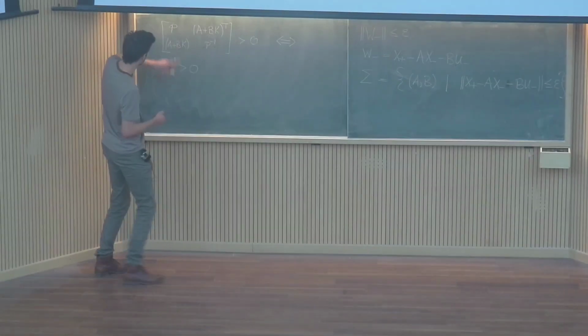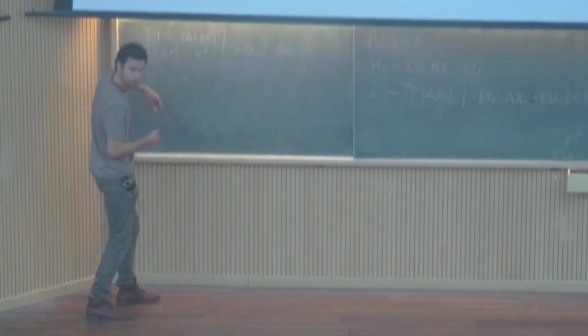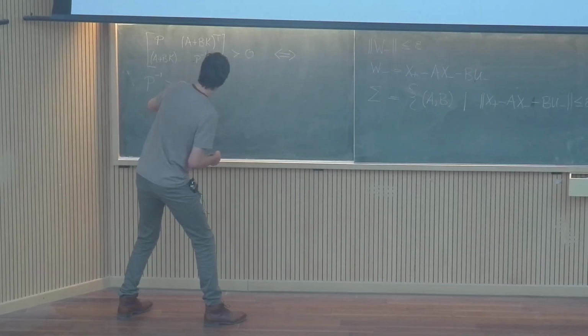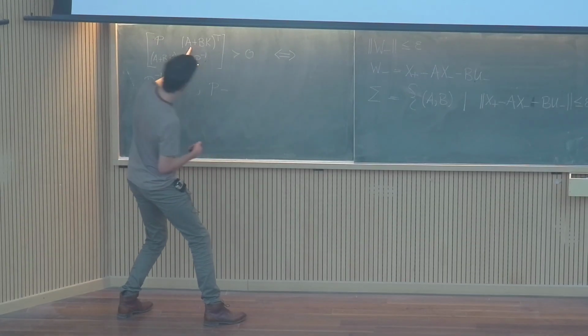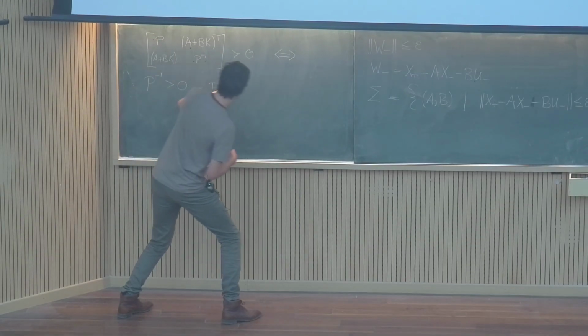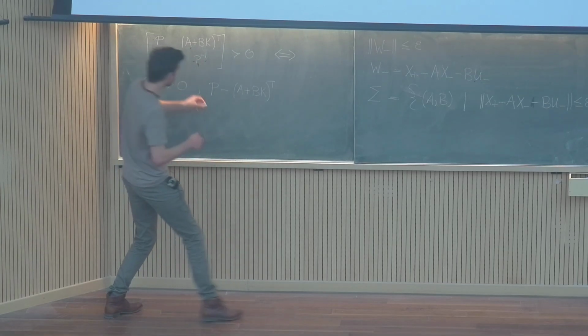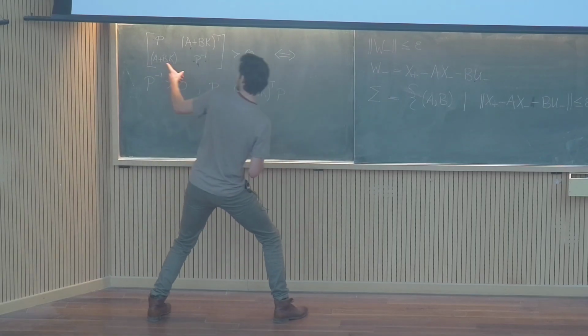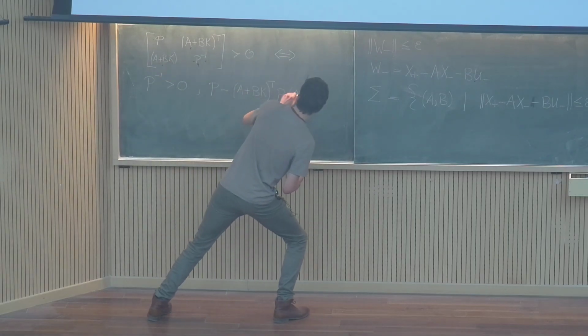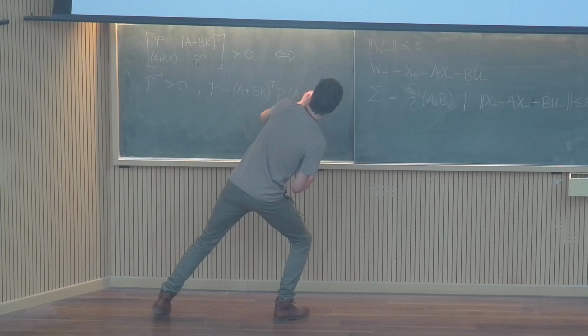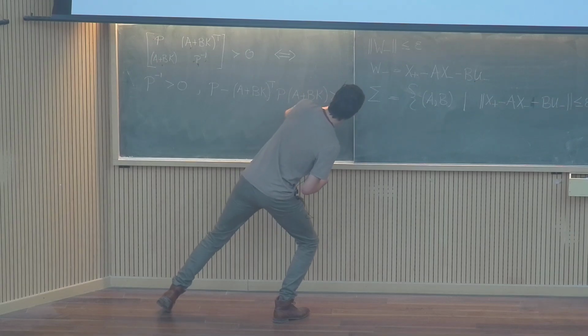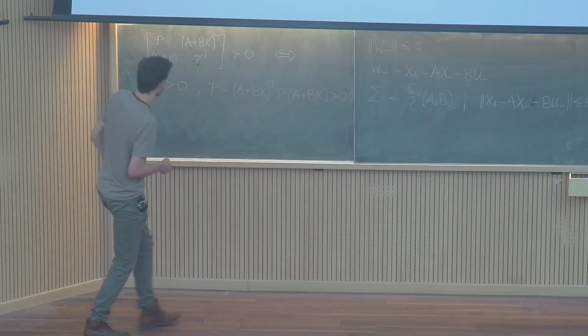So let's compute the Schur complement. As always, we go in this clockwise fashion. So this is P minus A plus BK transpose, P inverse inverse, so there you get the P, A plus BK. And this should be positive definite.